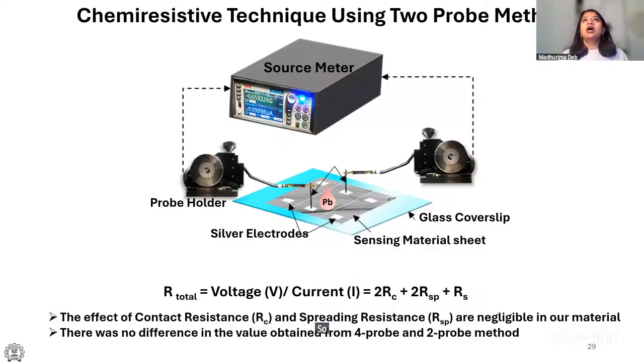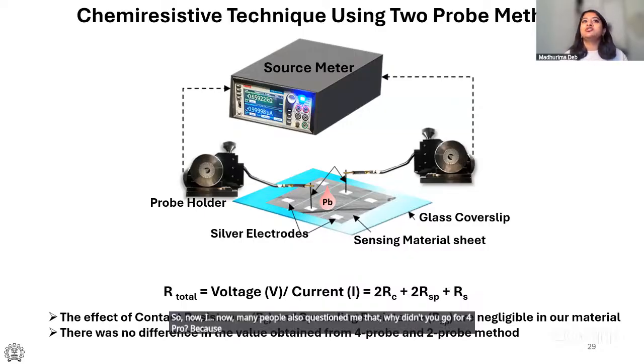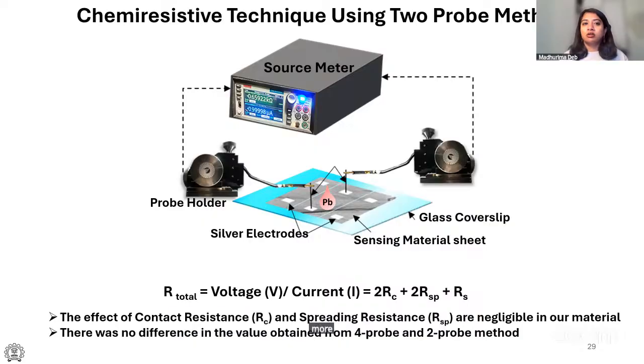Many people also questioned me about why I didn't go for 4-probe, because 4-probe is seen to be more prone to smaller changes, so you can check even very small changes. Again, I think for a portable device, a lower number of probes is better for integration with a circuit inside the portable device.